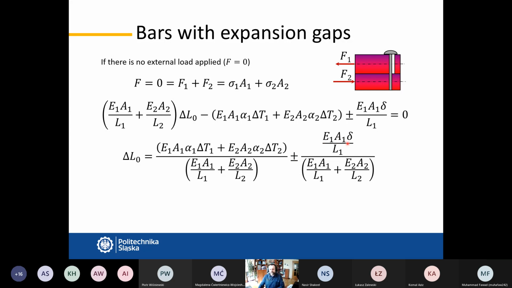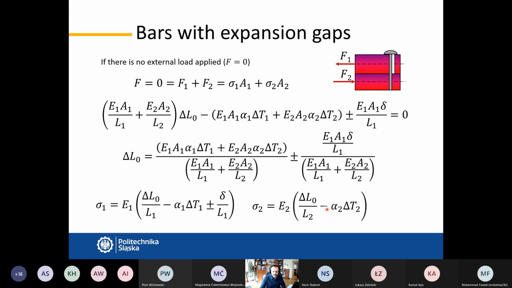Here is the other factor, where we have the gap involved, the gap between these two members. So exactly this factor decreases the total elongation of the system.